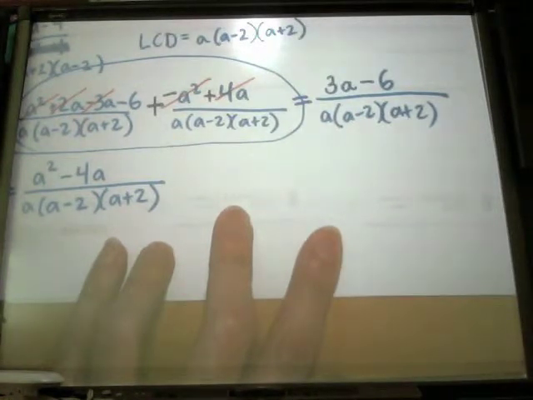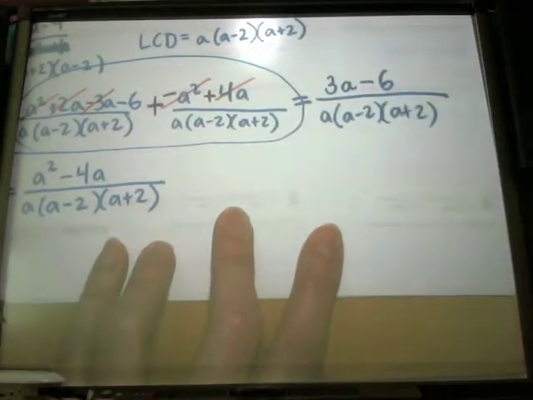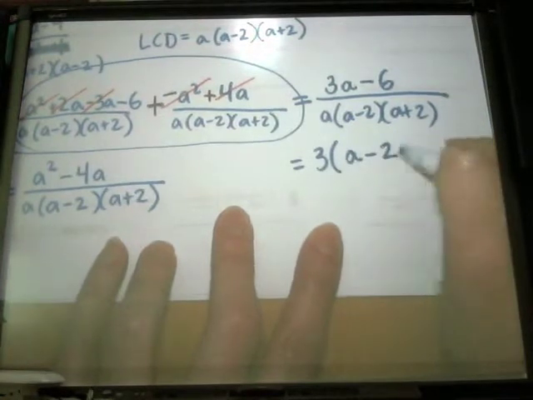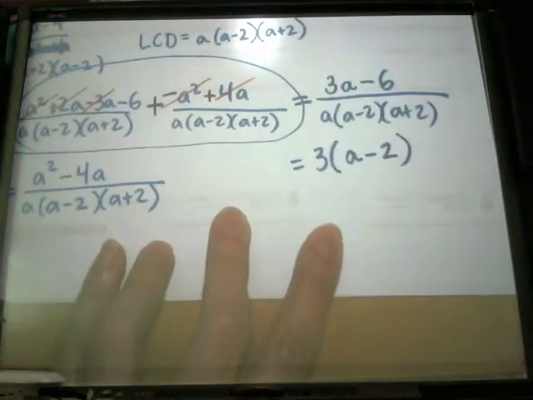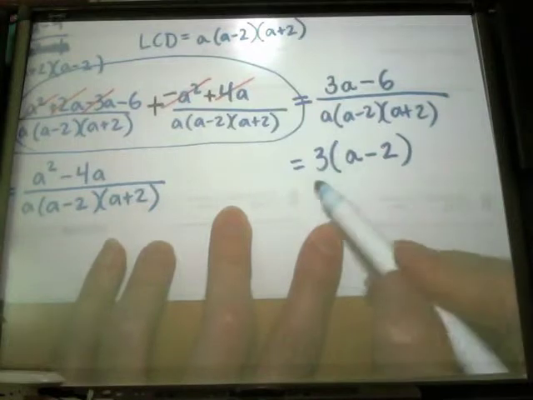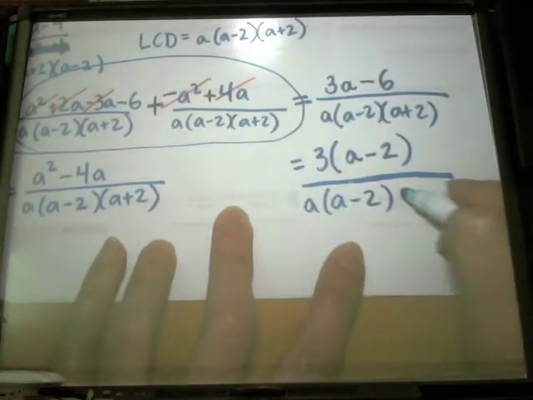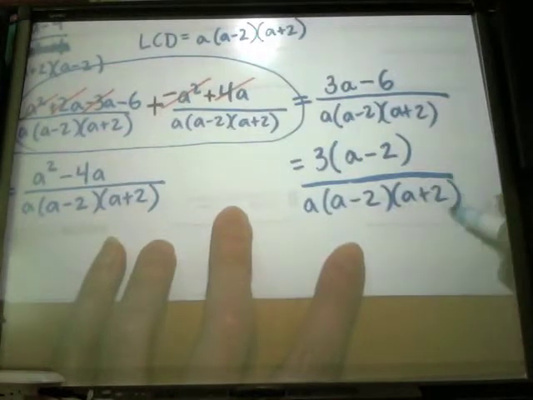Step 5. Simplify. We're almost done. Think to yesterday. I said if you can factor, you need to do it. Can I factor this numerator? Yes, I can take out a 3, which leaves a minus 2. And now hopefully you can see why I had to do it for this problem, because I'm going to be able to simplify one piece of this.